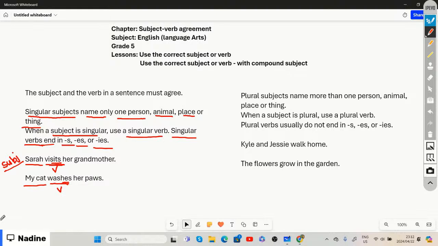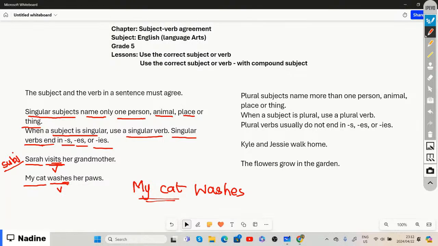If we have one person, animal, place, or thing that we're talking about, like my cat, which refers to only one animal, and we want to show the action that the cat did, then we say my cat washes.